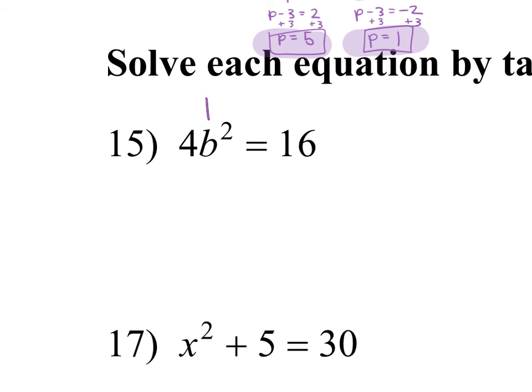So our goal is to get b all by itself. What should we do first? Divide by 4. So b squared is equal to, what's 16 divided by 4? 4. And then how do we get rid of that squared on the b?